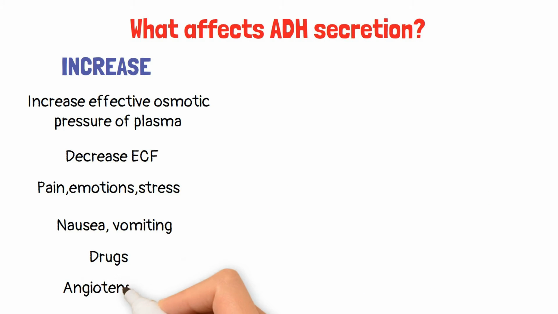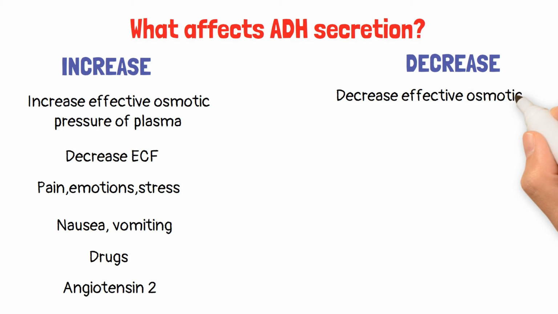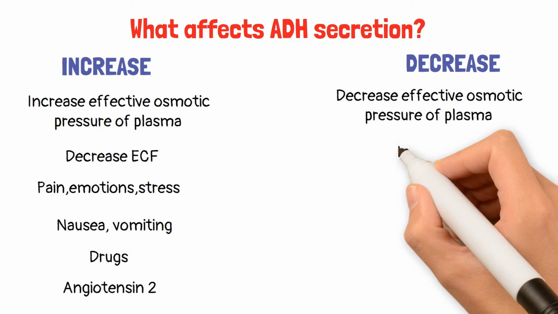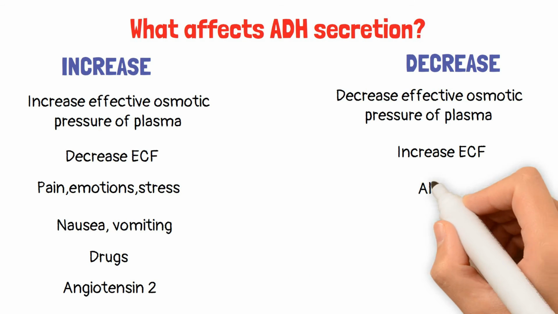The factors that would decrease vasopressin or ADH secretion are decreased effective osmotic pressure of plasma, increased extracellular fluid volume, and alcohol. So that's all about ADH.